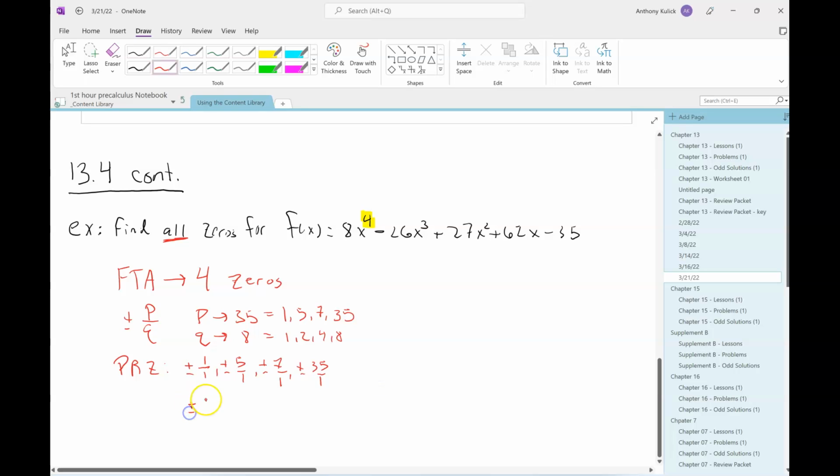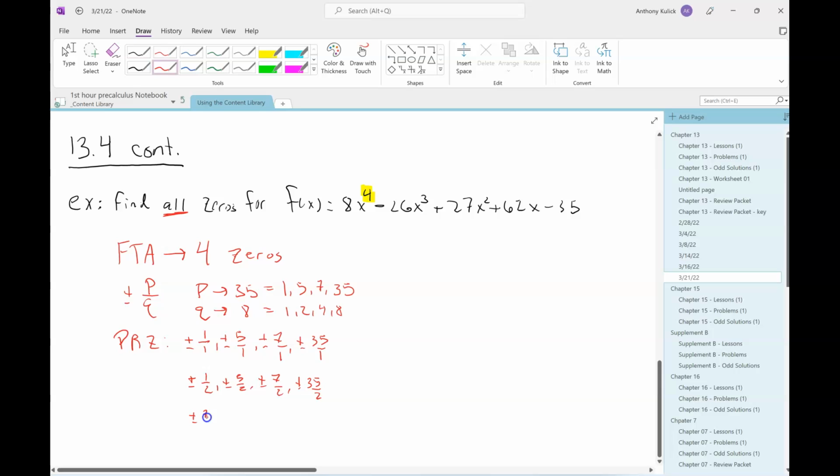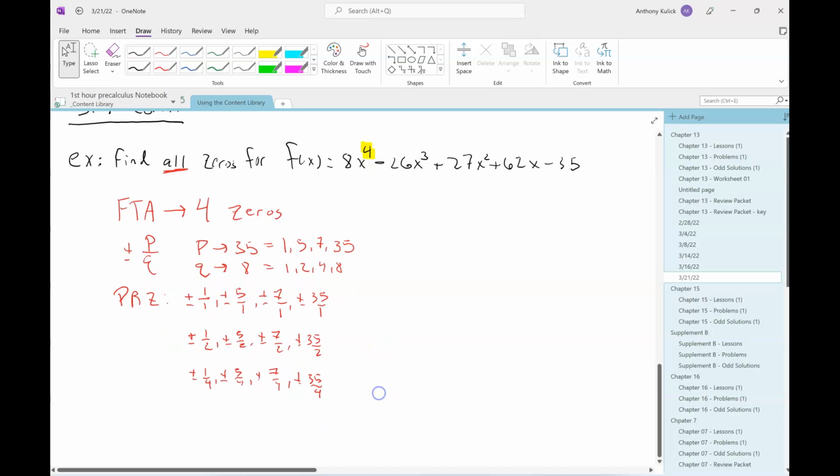And then I'll have 1 over 2, 5 over 2, 7 over 2, 35 over 2, and then 1 over 4, 5 over 4, 7 over 4, 35 over 4, and then my last set, 1 over 8, 5 over 8, 7 over 8, and 35 over 8. That's a lot of possibilities, right? What do we got? 16 possibilities there.